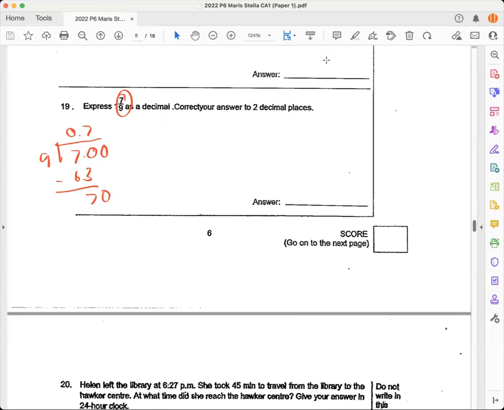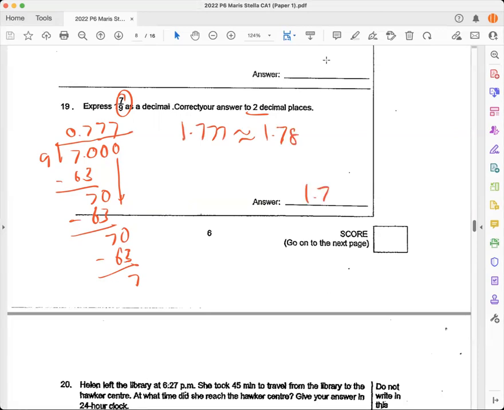Bring down the 0. Again, 7 times 9, 63. They want 2 decimal places, so you need to do until the 3rd decimal place. And 7 times 9 again, 63. So good enough. The question asks for 2 decimal places, you only need to do 3 decimal places. So it's 1.777, approximate to 1.78. Okay, yes, answer.